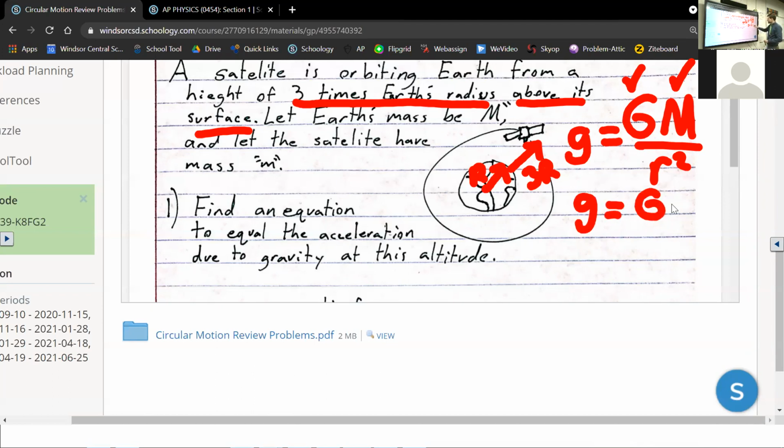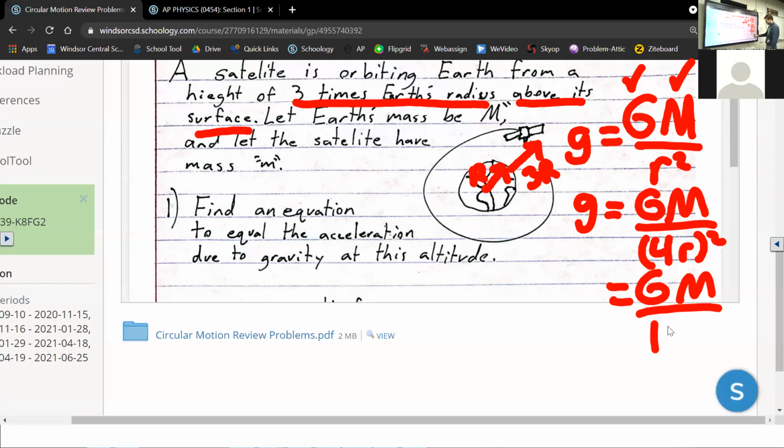So you have GM over 4r squared, which is exactly what I was looking for. If you really wanted to simplify, it would be GM over 16r squared. So it would essentially be 1/16 the acceleration due to gravity that you would get on the surface.